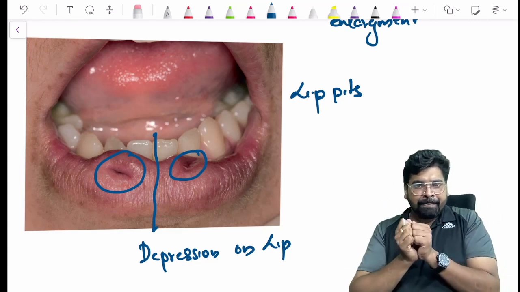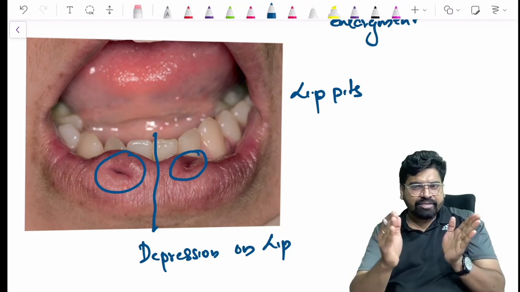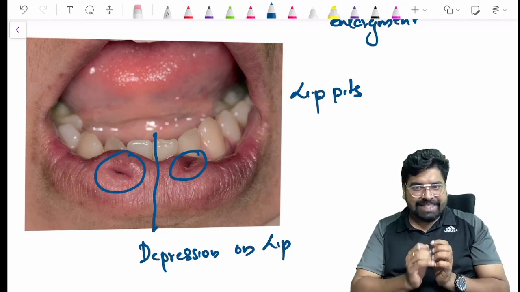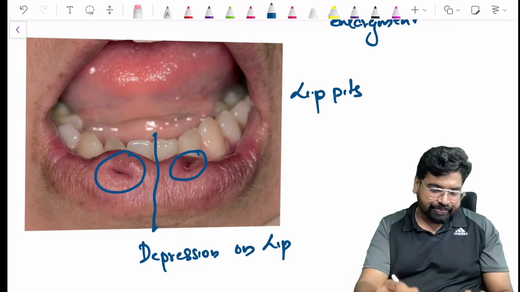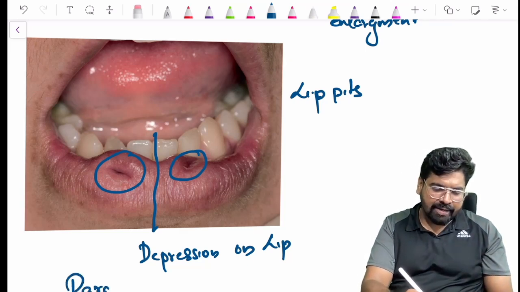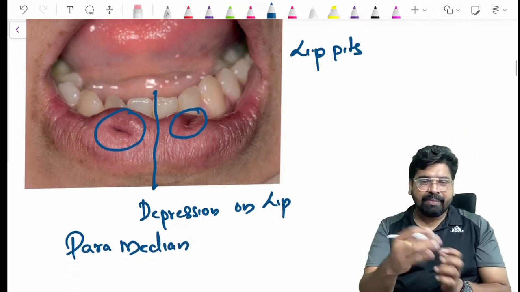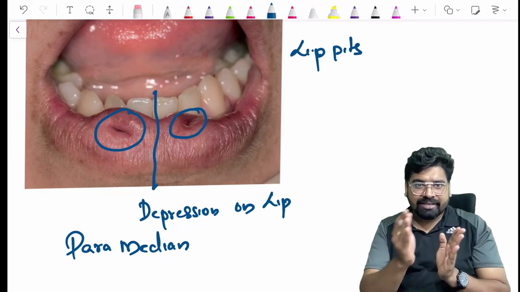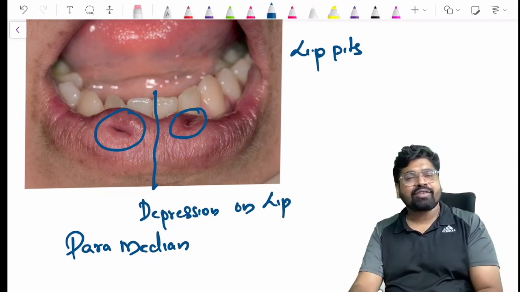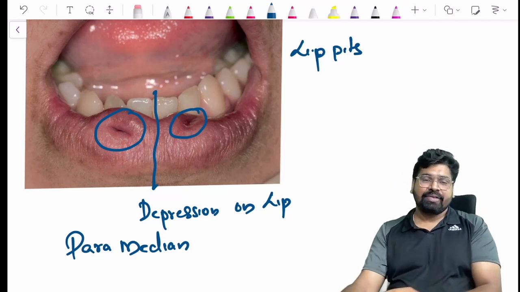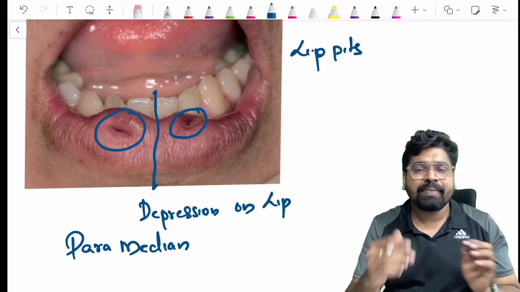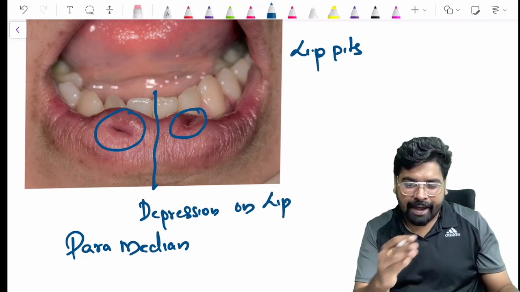On either side of the midline we say paramedian. Paramedian means that it is seen on either side of the midline. So that is called paramedian lip pits.